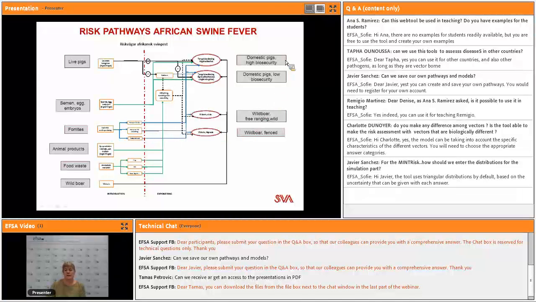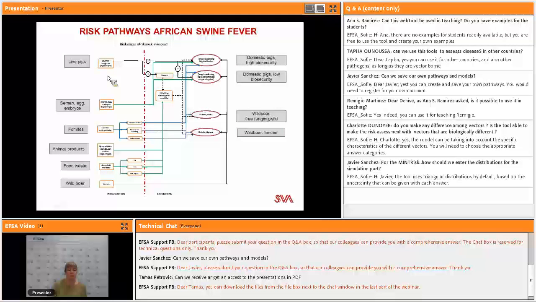And on the right side, we have the possible pathways within the country to domestic pigs with high biosecurity, domestic pigs with low biosecurity, wild boar free-ranging, and wild boar fenced.